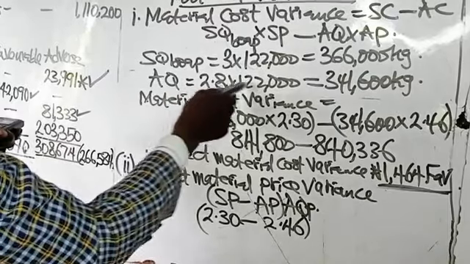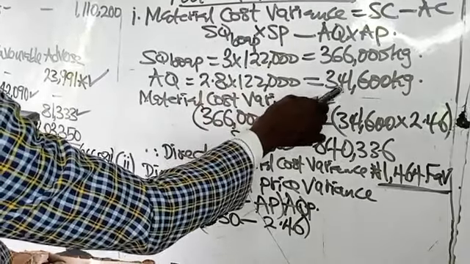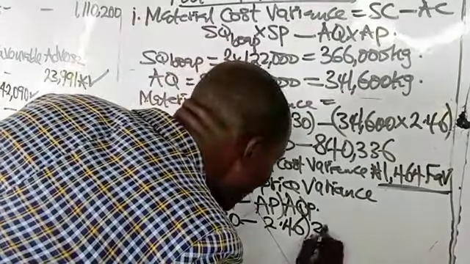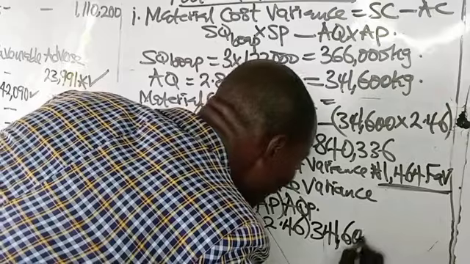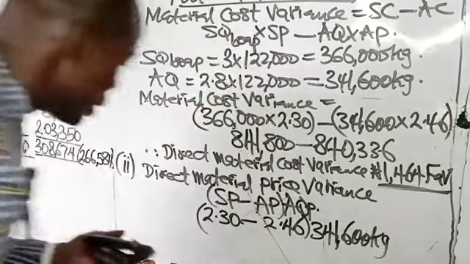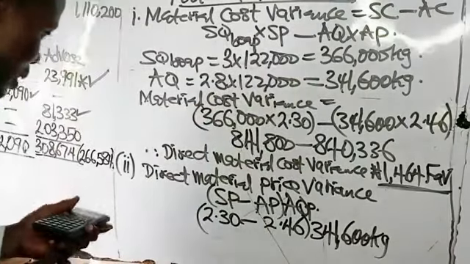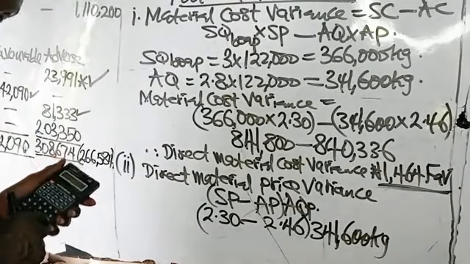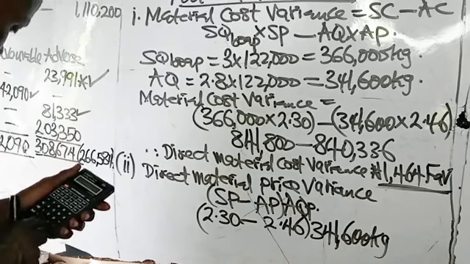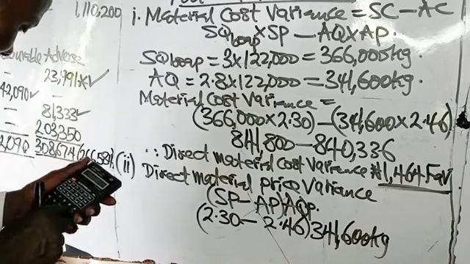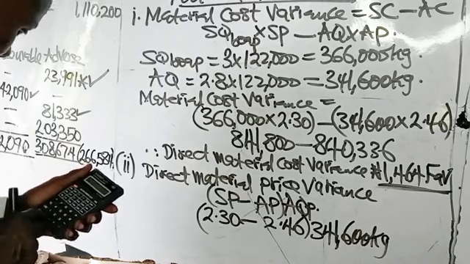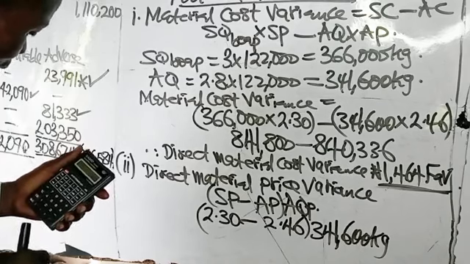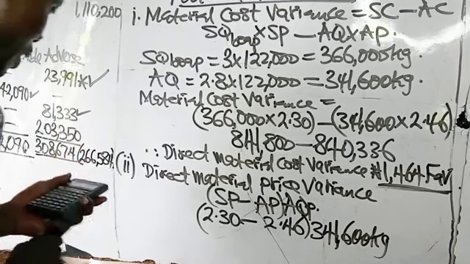And that actual has been calculated, and we got 341,600 kg. Therefore, what is the difference between this and this? 2.3 minus 2.46, we have 0.16 times 341,600. So you have 54,656.